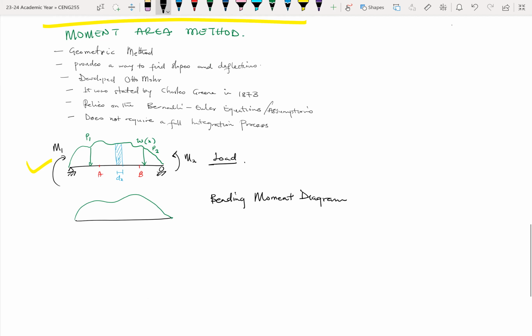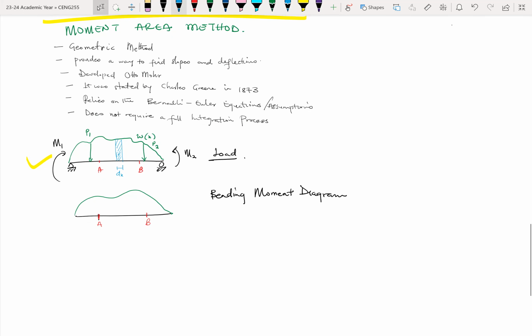So again, I'm looking at point A over here, and then point B. They're of interest to me. I want to find something with respect to A and B. I still have that little section that I have taken to analyze my structure. So these are my supports. So this is a bending moment diagram.